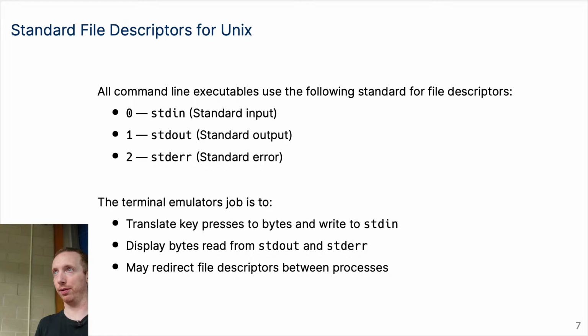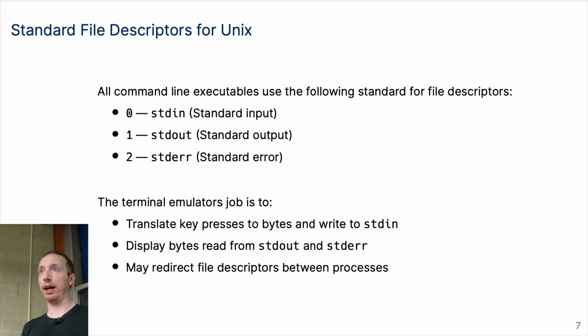A file descriptor is just a number. So this is just by convention. It only works because everyone on the planet has agreed to do this. The number everyone has agreed to is 0 is standard in, 1 is standard out, and 2 is standard error. So that's why when we used our write system call, we wrote to file descriptor 1, and we wrote hello world, and it appeared on our terminal because that's exactly standard out, right?